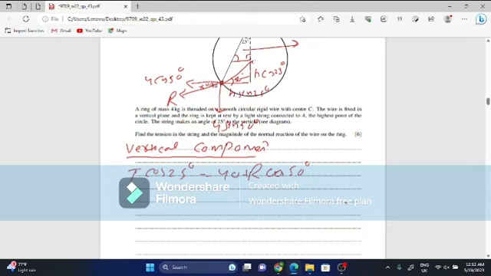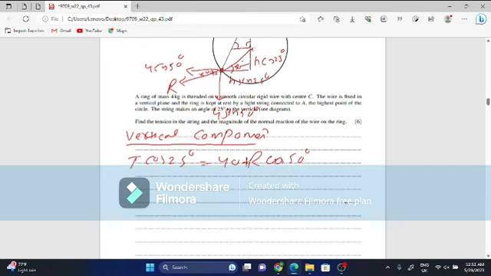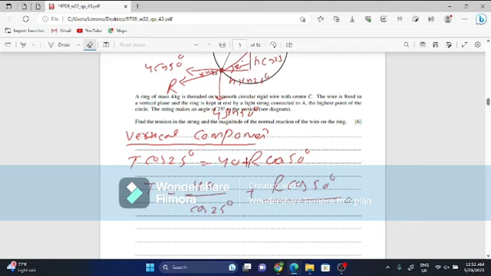I have to find this T, so make T the subject of the equation, that gives you 40 plus R cos 50 degrees over cos 25 degrees.